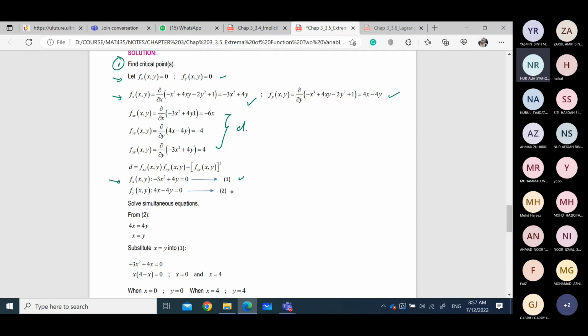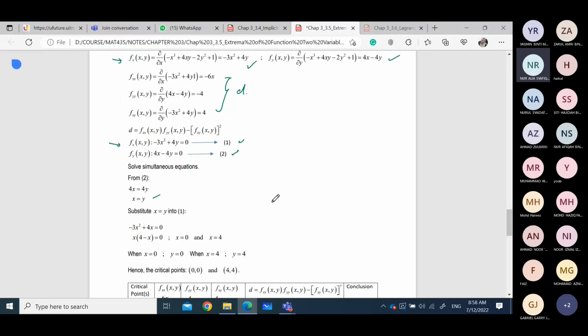So this one is the second equation. Next we solve the simultaneous equations. From the second equation, we have 4x equals to 4y. Yang ini ya. So we simplify and here we have x equals to y.